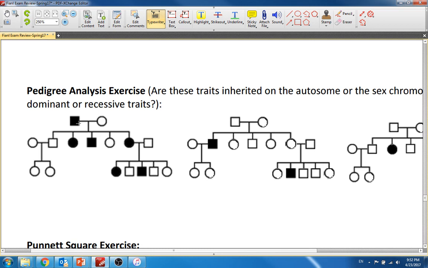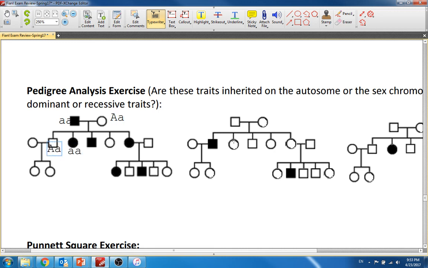I don't think there is a definitive answer for the first one. For example, if the mother is heterozygous, some children will be affected, and others will show the dominant phenotype.